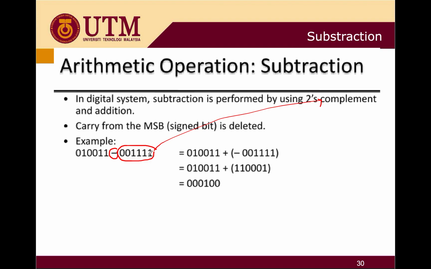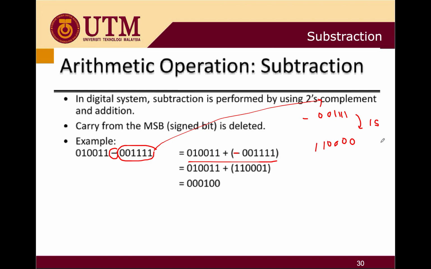So first, what you're going to do is like this step. This is negative 0, 0, 1, 1, 1, 1. I put it here, 0, 0, 1, 1, 1, 1, negative. So you're going to find the first complement first. You will change it into 1, 1, 0, 0, 0, 0.